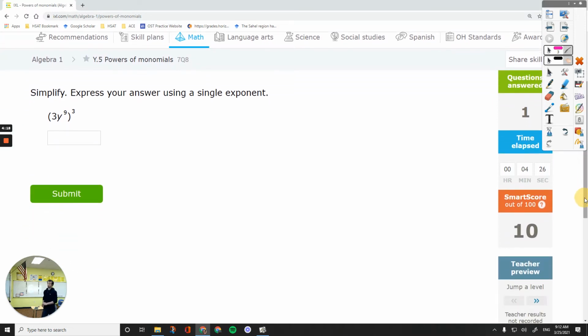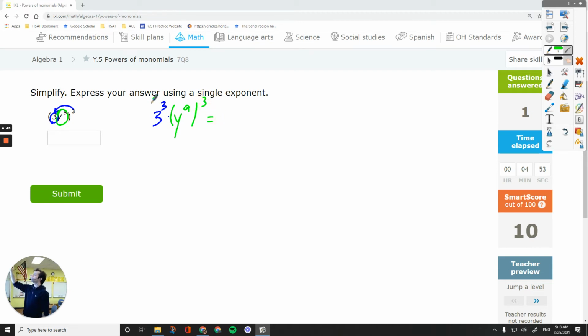Now I'm not going to spend that much time. So here's what we do. We have two bases, right? This one is the first one. That's what I will do. 3 cubed. That's one thing. And then we have y to the power of 9. Let's use another color. This is the second base that I have, y to the power of 9, and then to the power of 3.